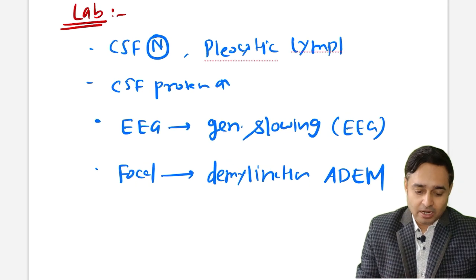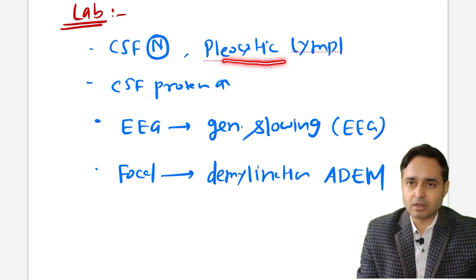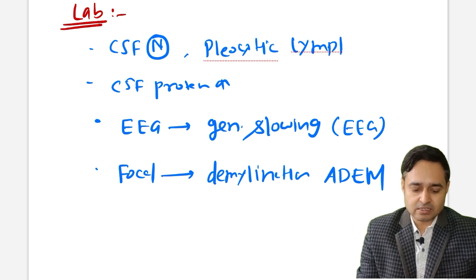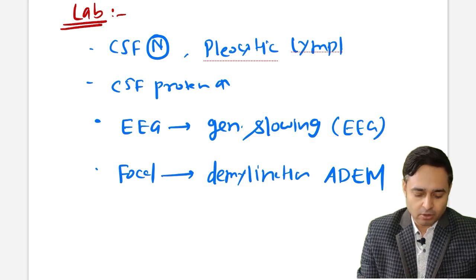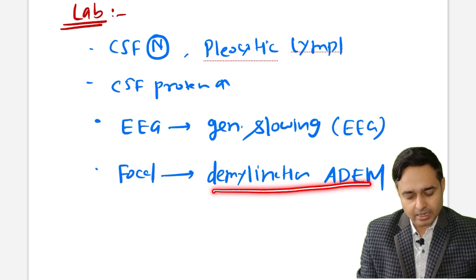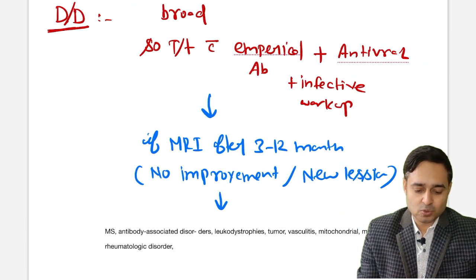Okay. Lab features: generally CSF is normal in ADEM, or pleocytosis with lymphocytosis is seen, and CSF protein is raised. EEG shows generalized slowing of encephalopathy like origin. Focal slowing is seen in demyelinating ADEM. Then what are the DDs? So DDs are very broad.